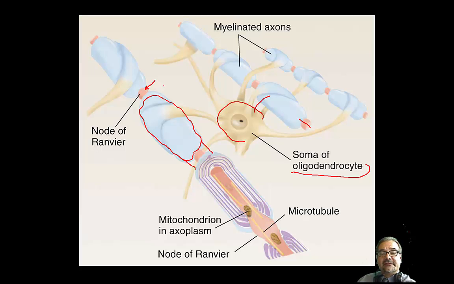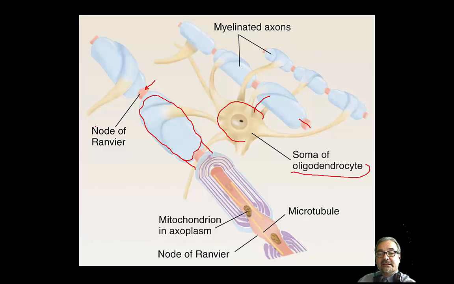Once again, a single axon might be wrapped by multiple oligodendrocytes, and a single oligodendrocyte is likely to also wrap around multiple axons. So it's a very complex system between oligodendrocytes and axons of neurons.